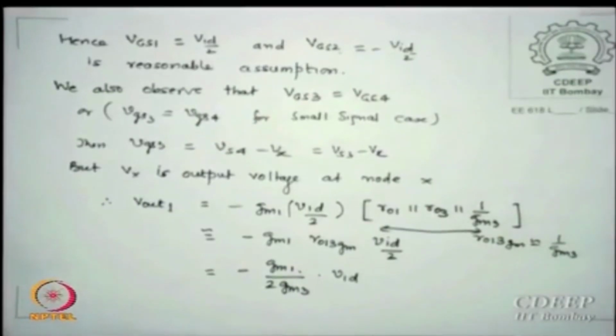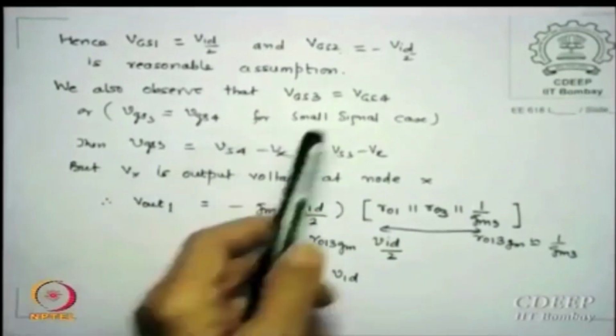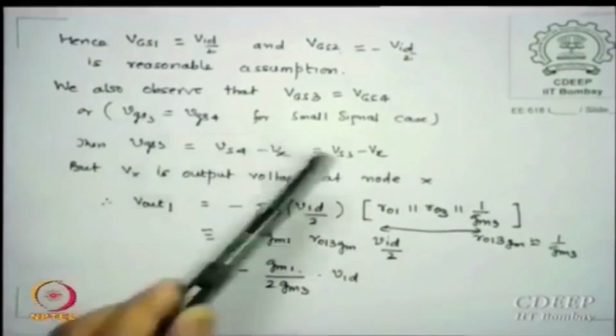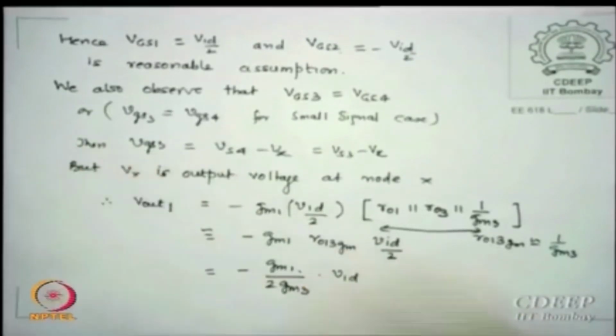So let us look at the actual expressions. VGS1 is VID by 2 and VGS2 is minus VID by 2, which is a reasonable assumption. We also observed that VGS3 is VGS4 for small signal, as some books may show you.